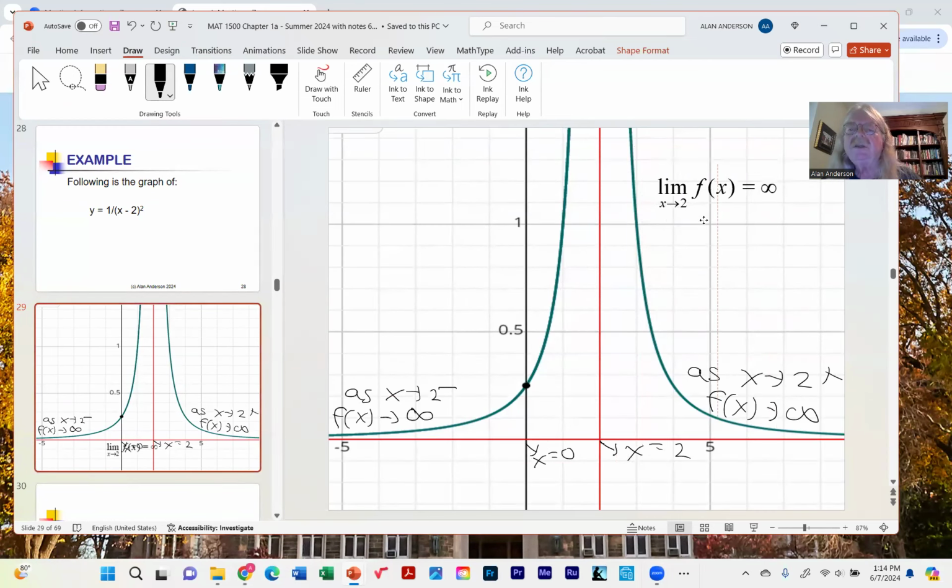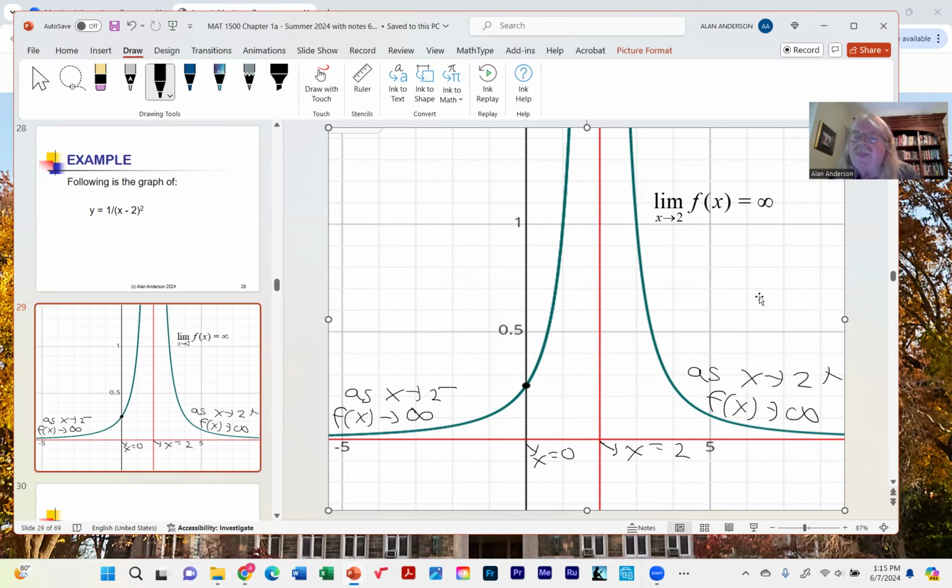So you can see what I mean now. That's very different from it being undefined. Infinity just means that no matter which direction we're coming from, the function is growing and growing and growing, and it is converging to infinity. So we can have an infinite limit, and we can also have a limit that does not exist. Okay.